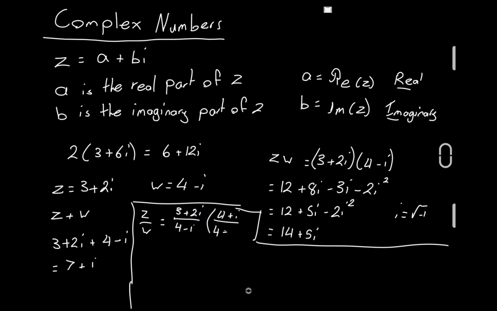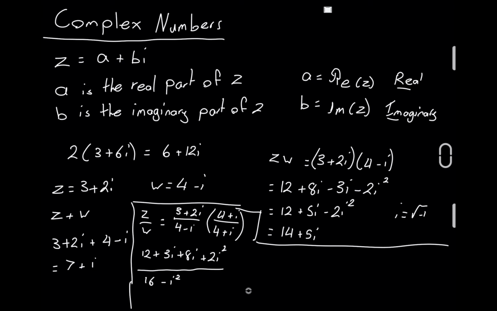Again, the rules are the same. All we do is change the sign. And this will get rid of the i down the bottom eventually. So if we expand this out, we're going to have 12 plus 3i plus 8i plus 2i squared, divided by 16 minus i squared.